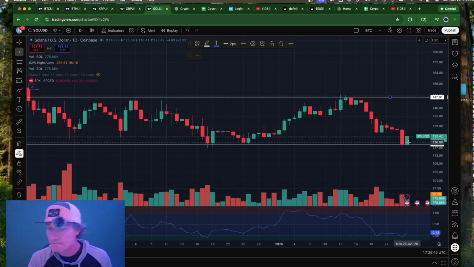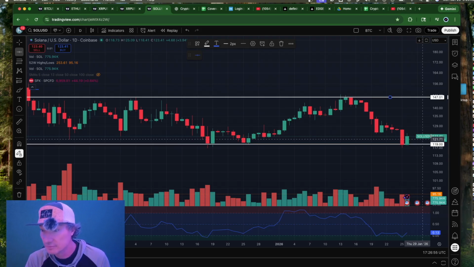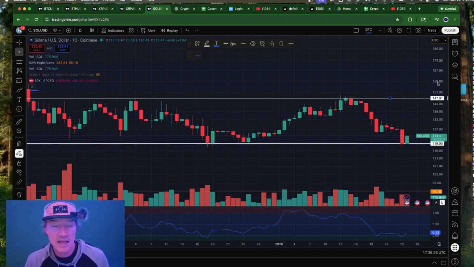The bottom half of this range could be a time for a good entry price on any crypto or any stock. This is a technical term, finding support and resistance. Now, let's go over here.